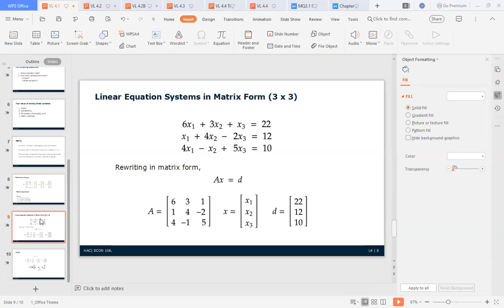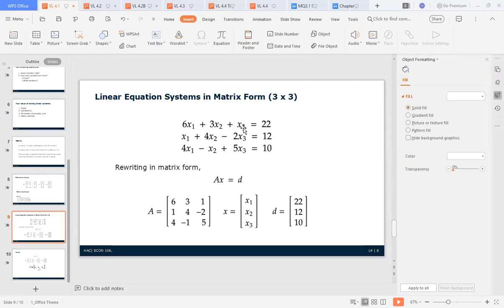Okay, now let's try to rearrange them into a matrix notation, class. An example here is this linear equation. So we have three equations here. We have the first equation, 6x sub 1 plus 3x sub 2 plus 3x sub 3 equal to 22. So rewriting it in a matrix form, Ax is equal to b. That is 6, 3, 1. We also include the signs.